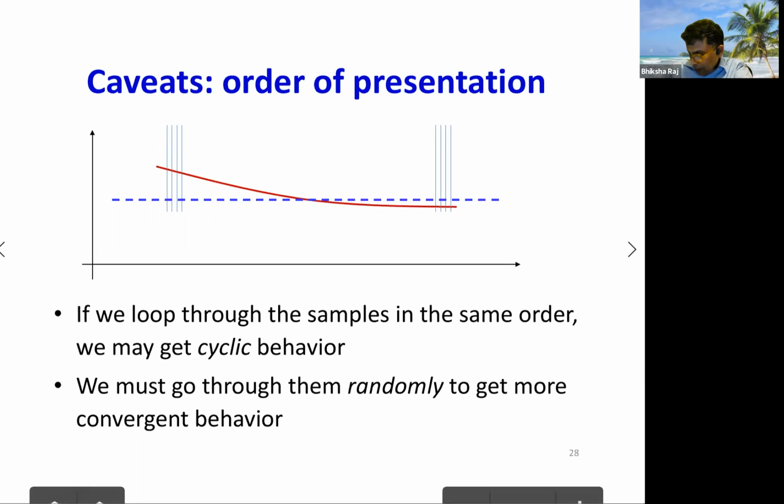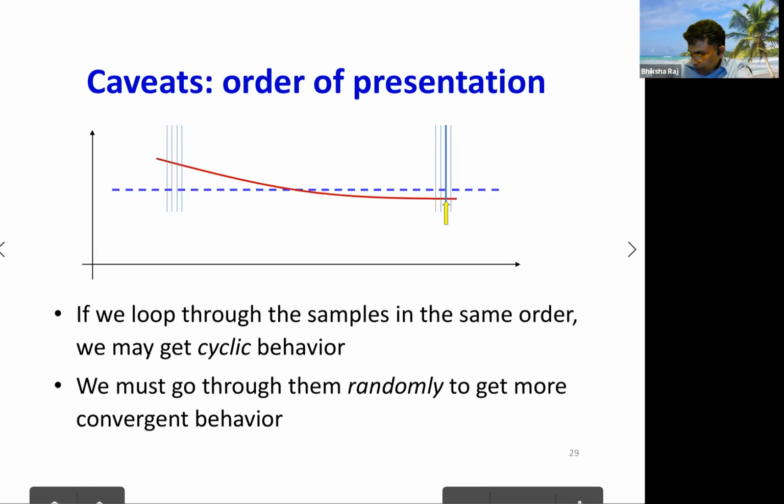So to prevent this, we must go through the data in a random order to get more convergent behavior. Here's what we would do. We'd pick our training instances randomly. We'd randomly pick one training instance and adjust the function for it, which would make the function go maybe up there a little bit.